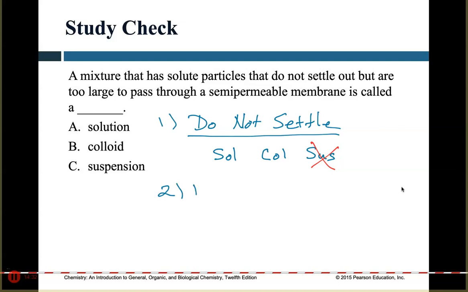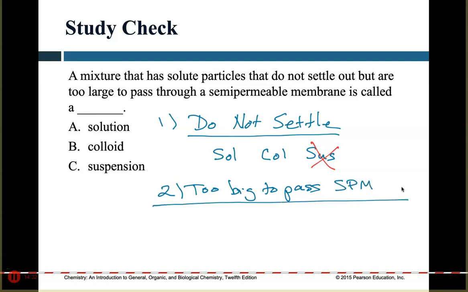It's too big to pass through a semi-permeable membrane, so I'll say SPM. Solutions, we said, have very small particles that can easily pass through semi-permeable membranes, while colloids cannot. They're medium sized, so they're a little bit too big to pass through.